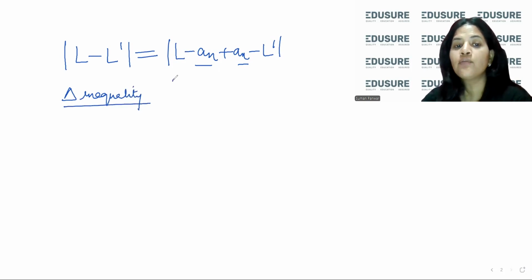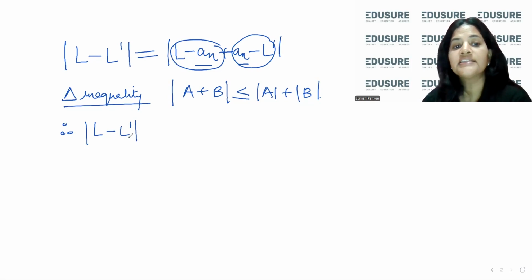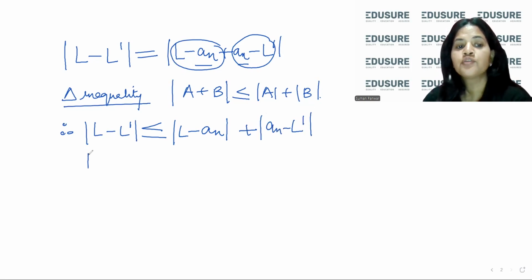According to the triangle inequality, |A + B| is always less than or equal to |A| + |B|. Therefore, taking L - a_n as A and a_n - L' as B, |L - L'| is less than or equal to |L - a_n| + |a_n - L'|.